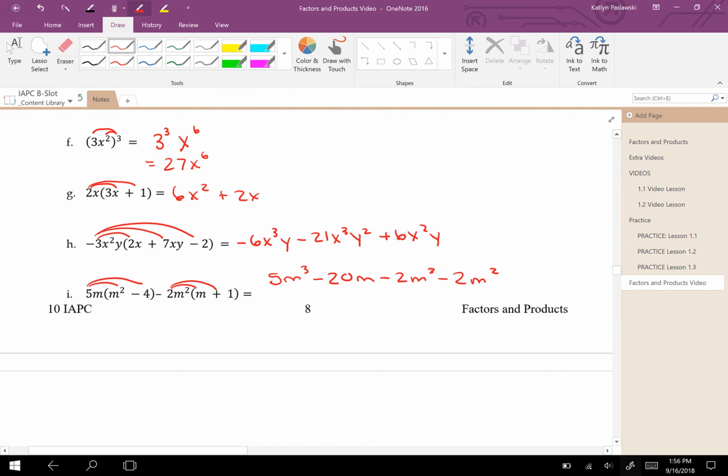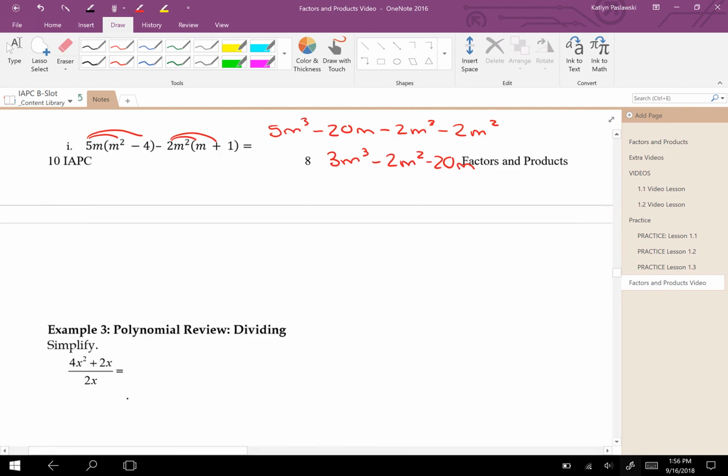Now I can combine like terms where possible. So 5 minus 2 is 3m cubed, and negative 20m, we can't combine anything with that, so we have negative 2m squared followed by minus 20m as our final answer.